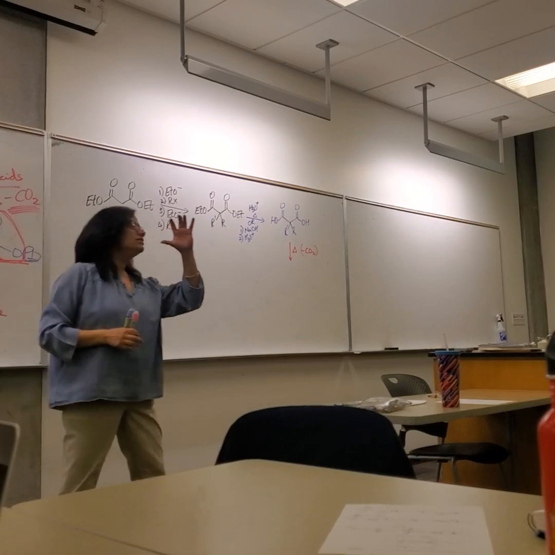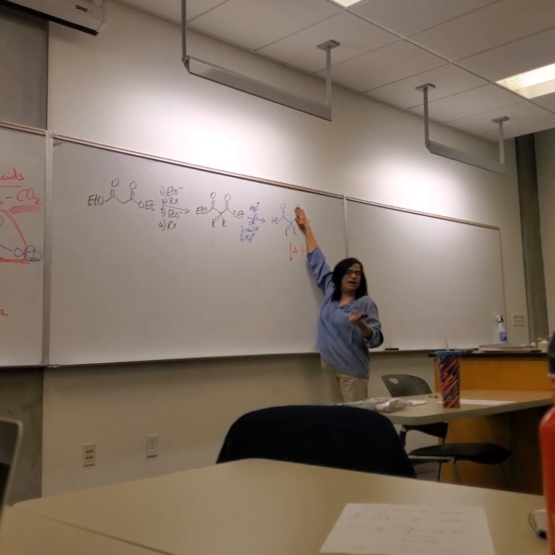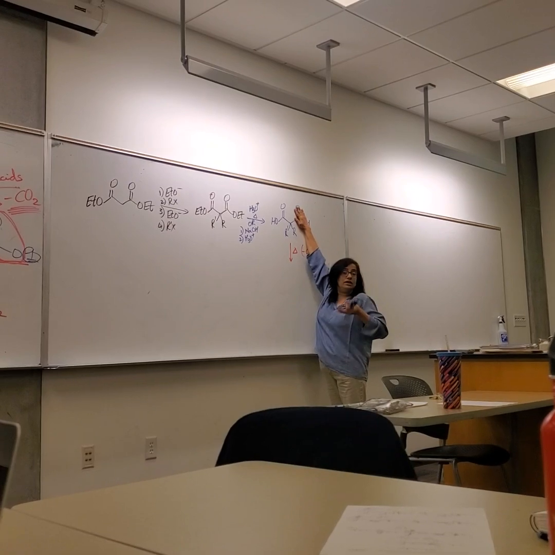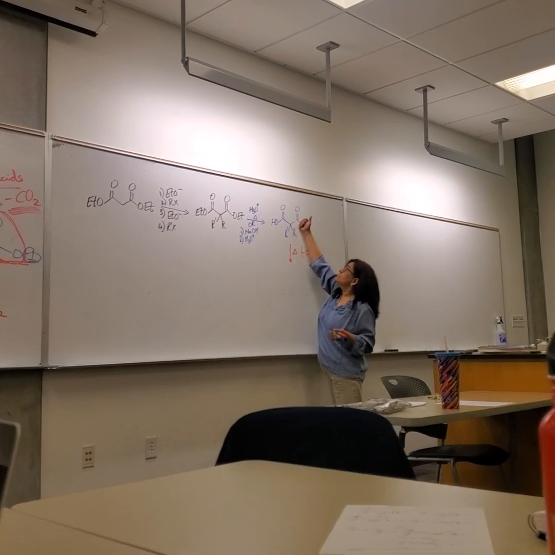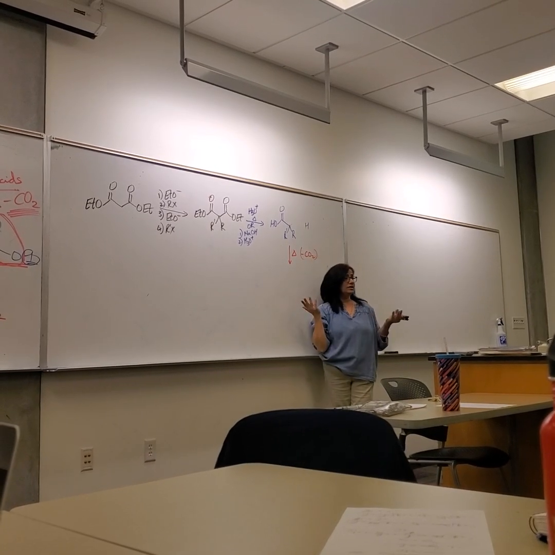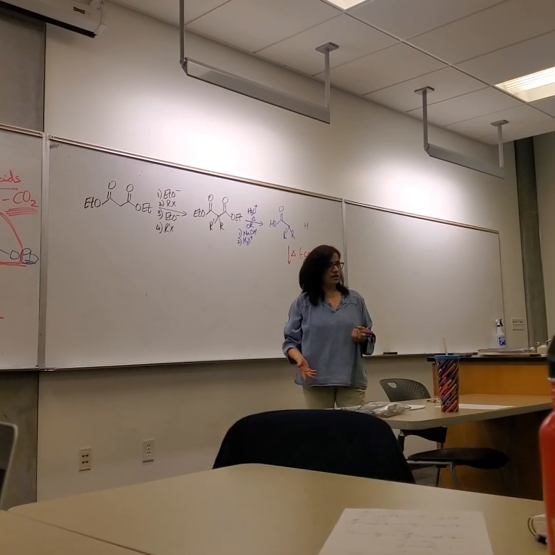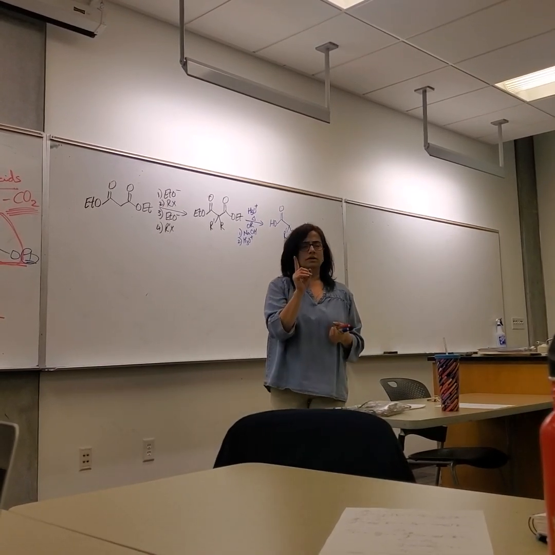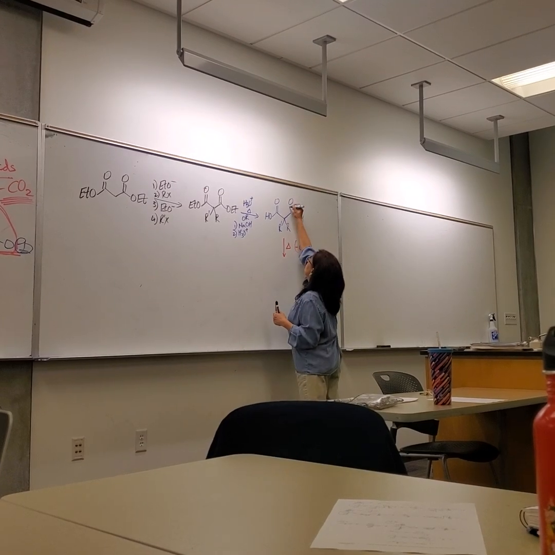Because when one is lost, let's say this is lost, do we have a beta keto acid anymore? No. As soon as one CO2 is gone, do we have a beta keto acid anymore? No. So it can't do this again. It loses only one because it can only happen for a beta keto acid.